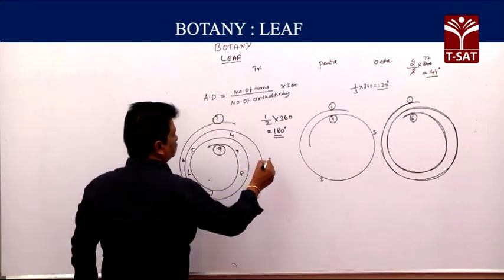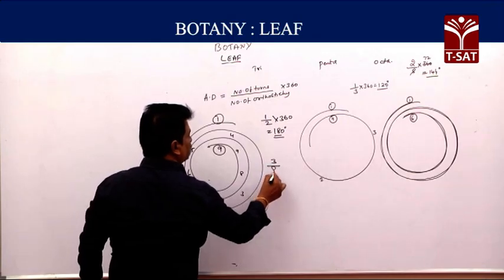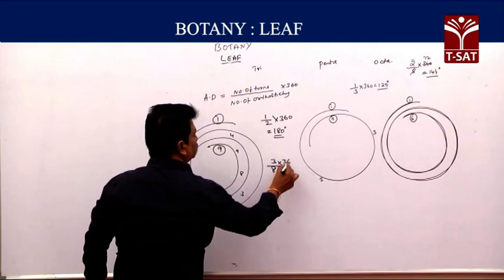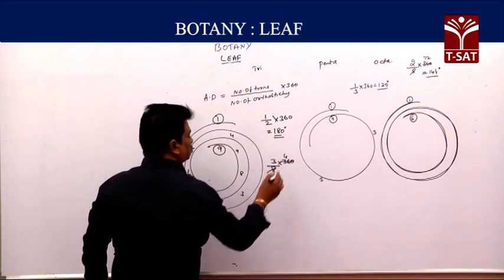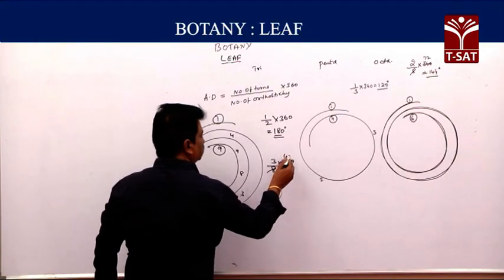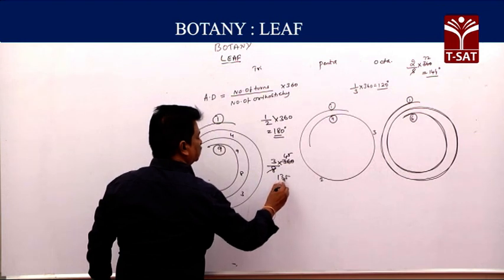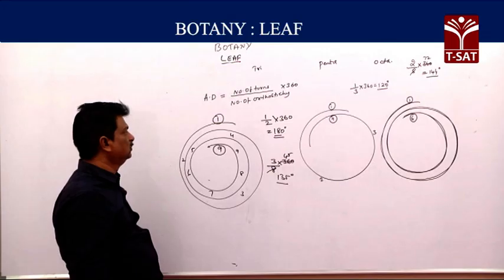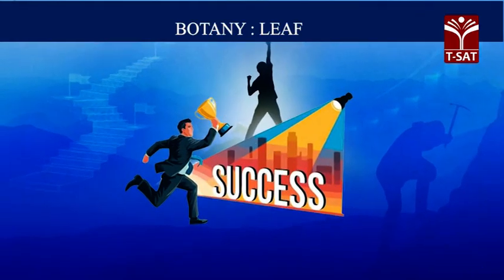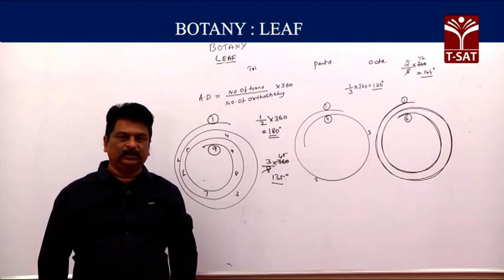So number of turns 3, number of leaves 8, into 360. 8 fours are 32, 8 fives are 40, 120, 135. So the angular divergence is 135 degrees. So in this, important points once again I will discuss.